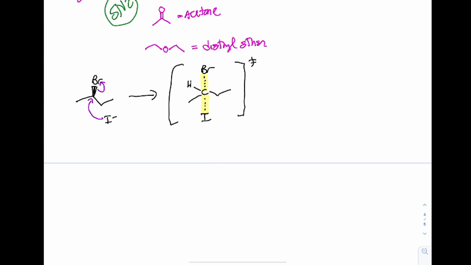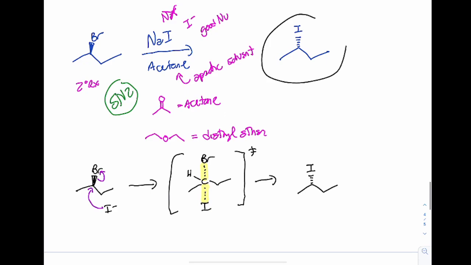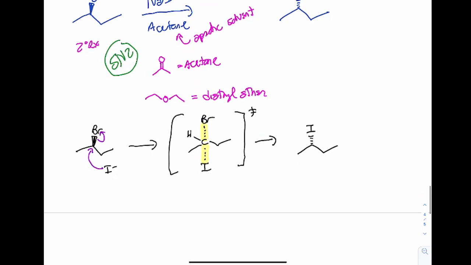You are getting graded on that geometry when you do it. And then my product is my substituted product with inverted configuration. So we drew that product up here already. So my rate determining step involves both my alkyl halide and my nucleophile in the same step.